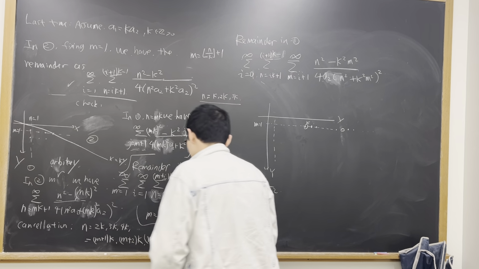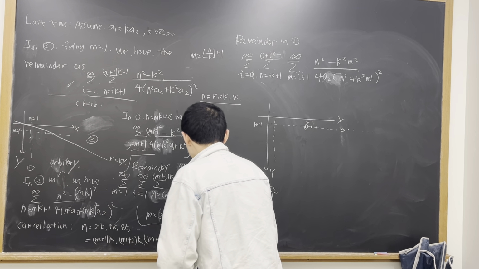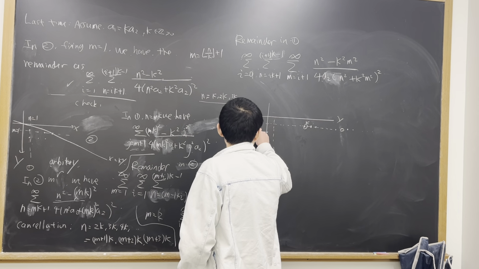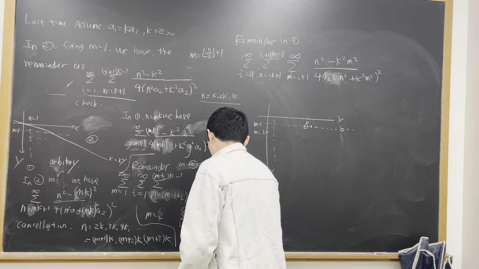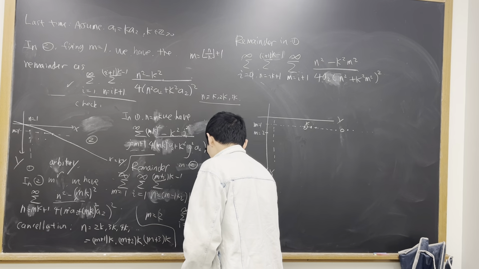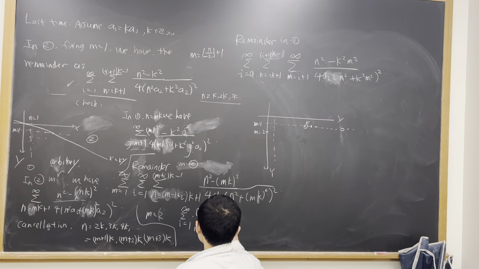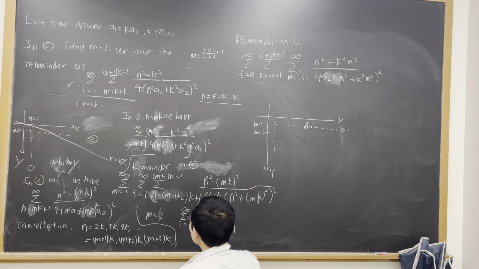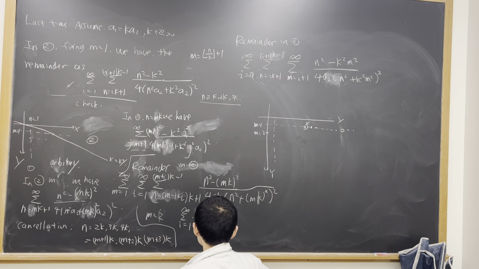So let's look at the case where m equal to 2. So when m equal to 2, this n starts at 1 plus i times k plus 1, and also the upper bound is 2 plus i times k minus 1.